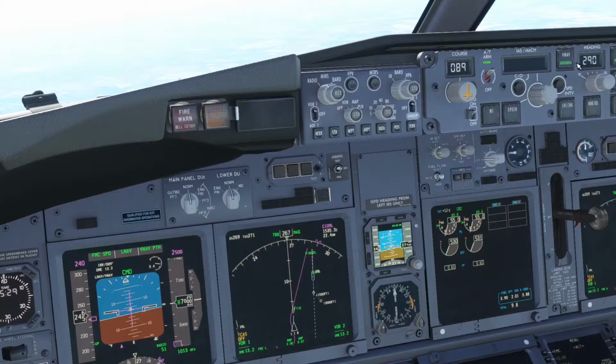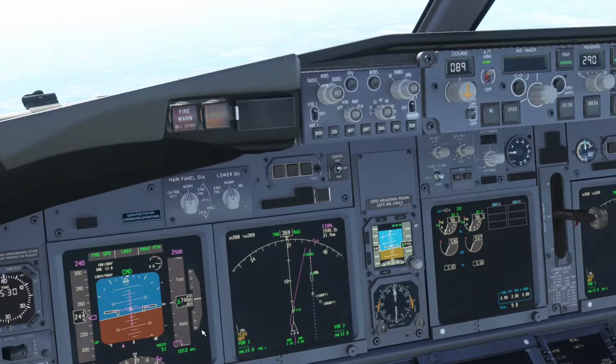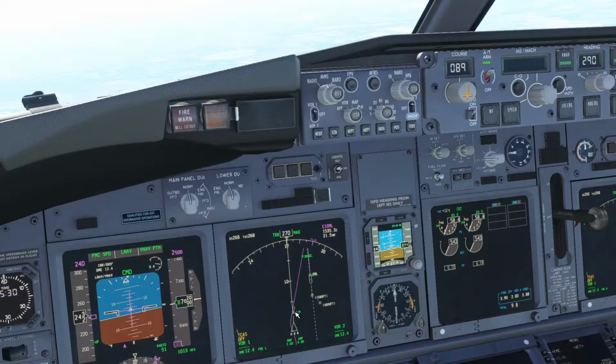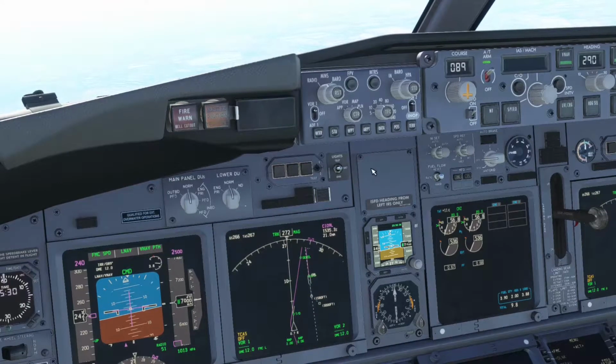So we have VNAV enabled, so as we come up to our top of descent, as soon as we hit top of descent, the plane will begin to descend at a rate that the plane thinks is right for where we currently are compared to the airport.